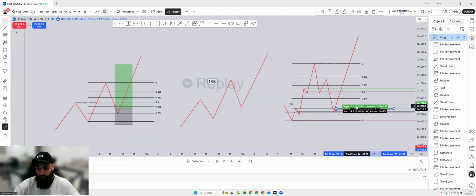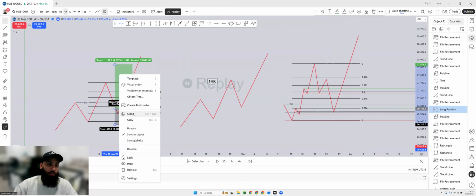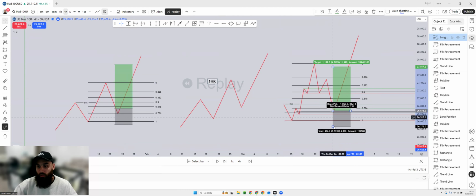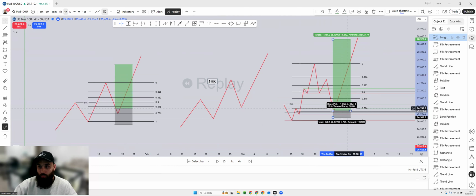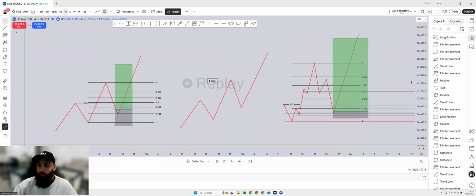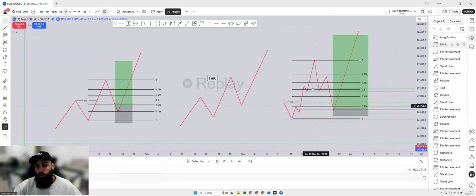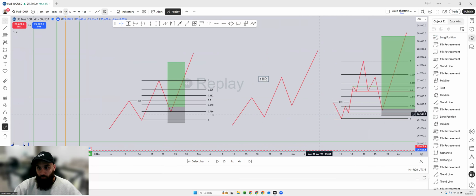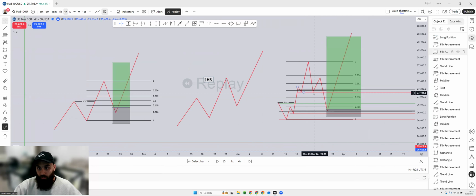Let's clone this. Right. There's a few things you want to see to give yourself the best chance of this having a nice push up here and breaking the high, right? You want to see, for example, the balance becomes liquidity.